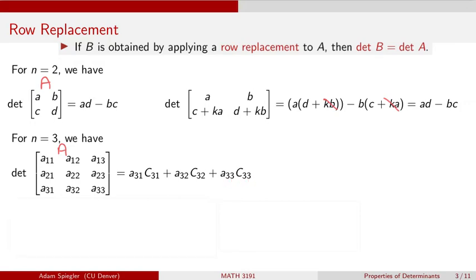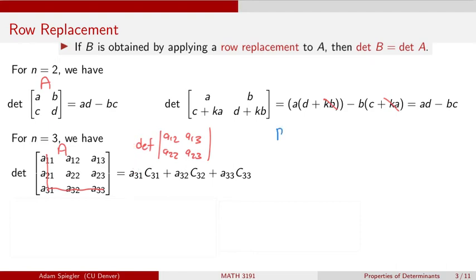In particular, cofactor 3,1 would look like the determinant of the matrix A12, A13, A22, A23. Here we don't have a negative sign because for the 3,1 position, 3 plus 1 is even, so we have minus 1 to an even power. That's why we have a plus in front of this.